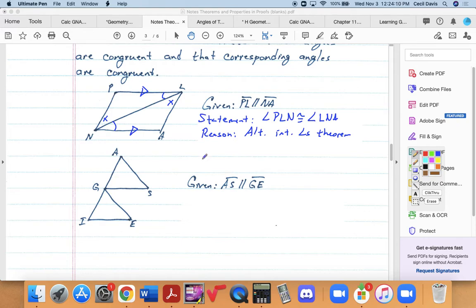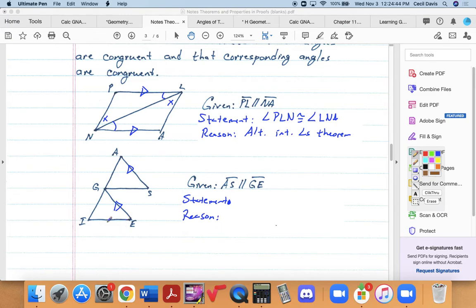And then AS is parallel to GE. So AS parallel to GE. I need to be able to make a conclusion based on that, a statement. Yes, Cameron. Angle EGS is congruent to angle GSA. Yes, that's true.